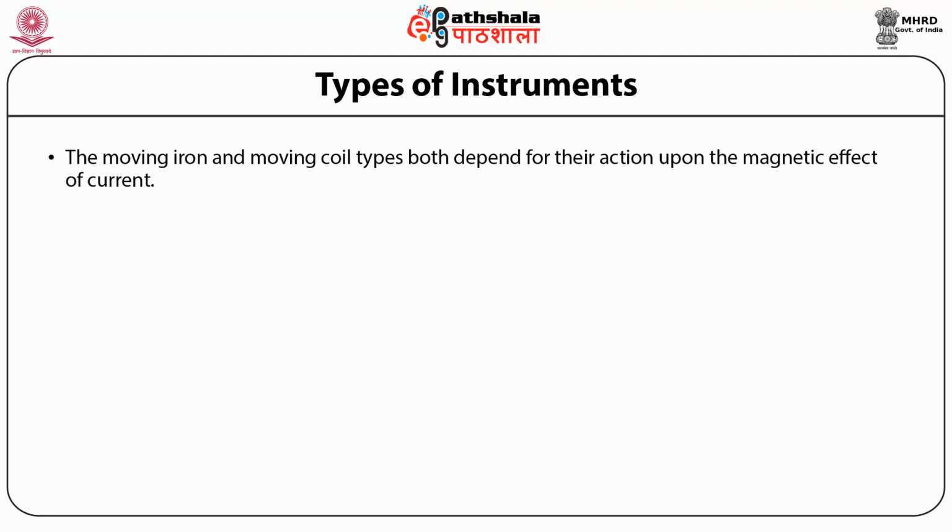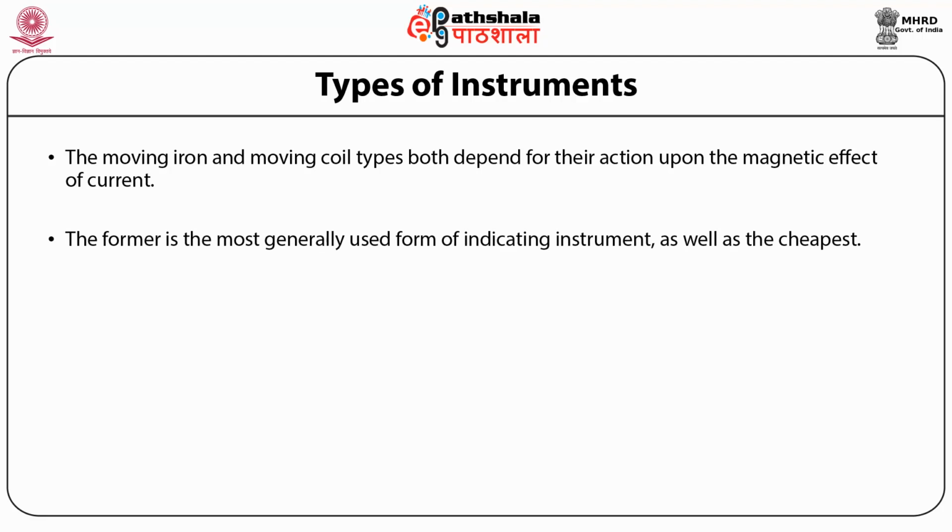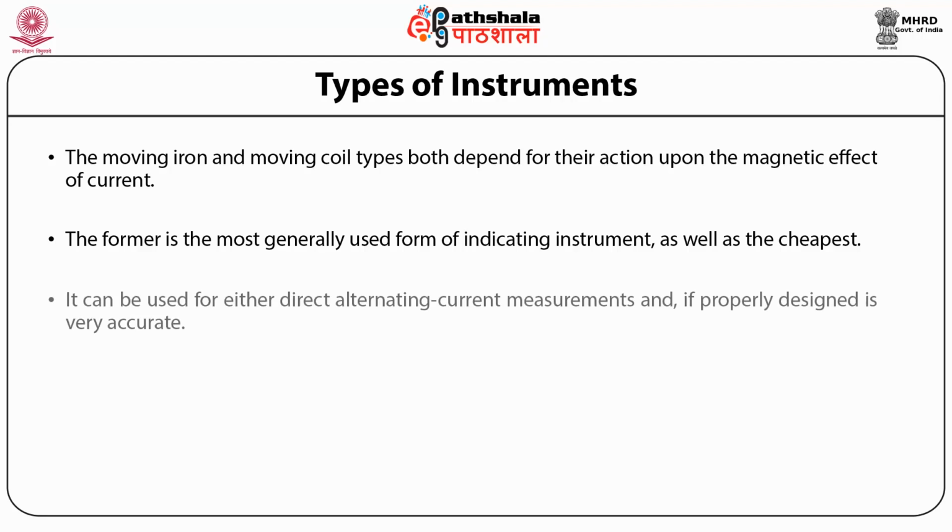The moving iron and moving coil types both depend for their action upon the magnetic effect of current. The former is the most generally used form of indicating instrument, as well as the cheapest. It can be used for either direct or alternating current measurements and, if properly designed, is very accurate as well.